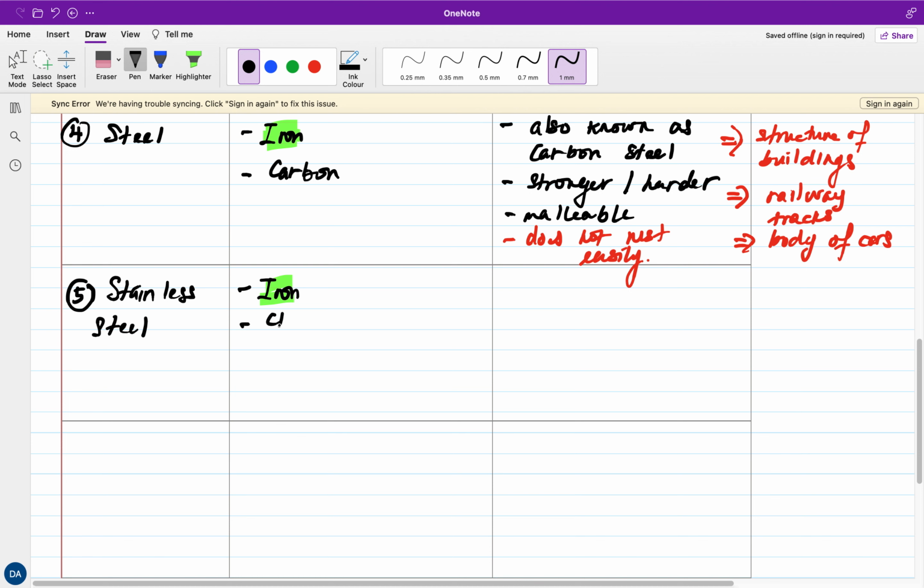The addition can be chromium, nickel and carbon.